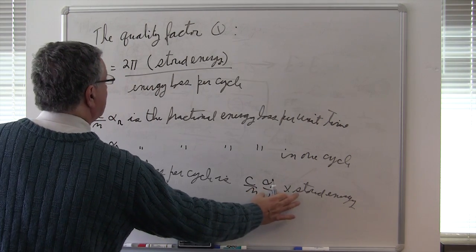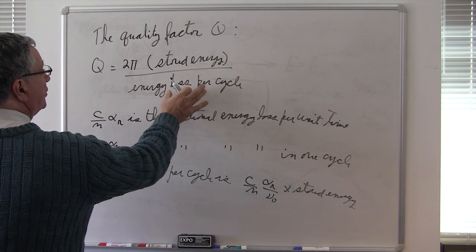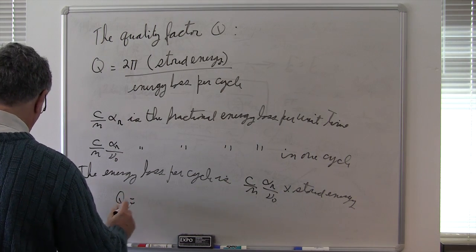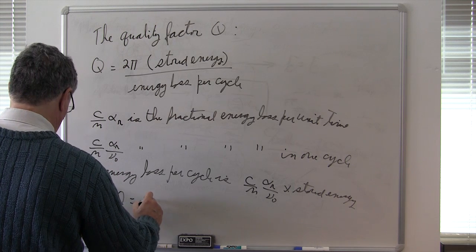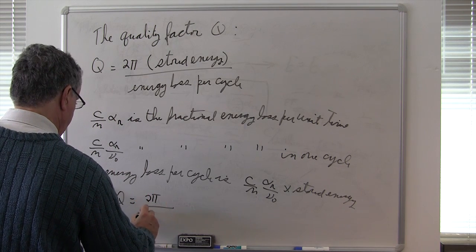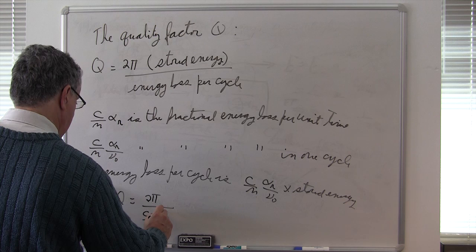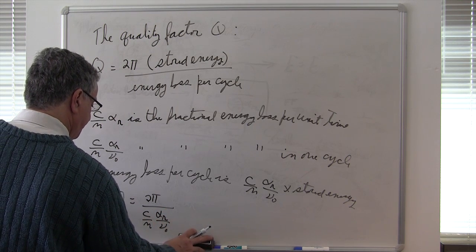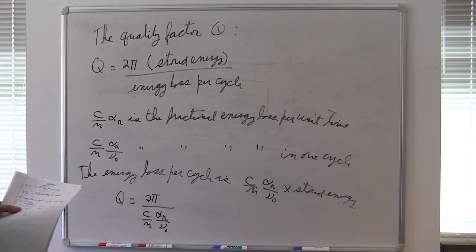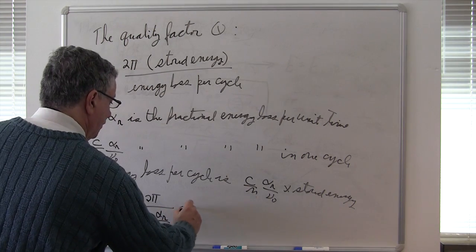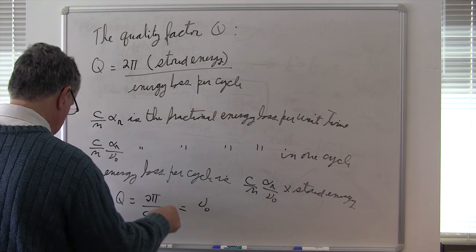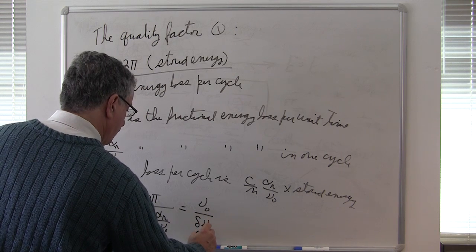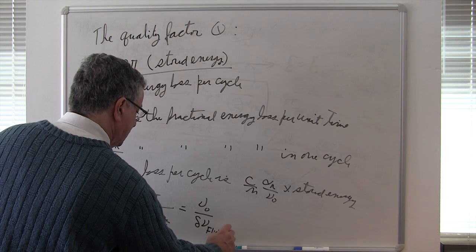Now if you plug this into the expression, the stored energy will cancel, and you get that Q is equal to 2 pi over C over N alpha R over nu zero. This can be rewritten with nu zero in the numerator, and you recognize the inverse as delta nu full width half max.